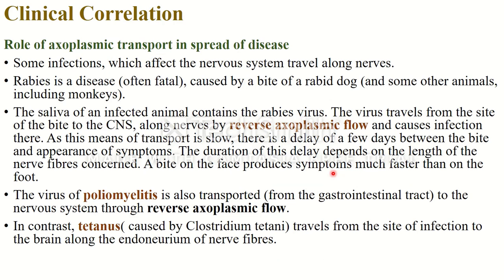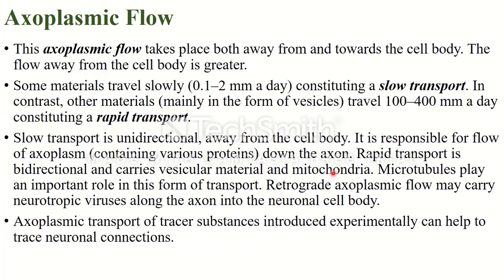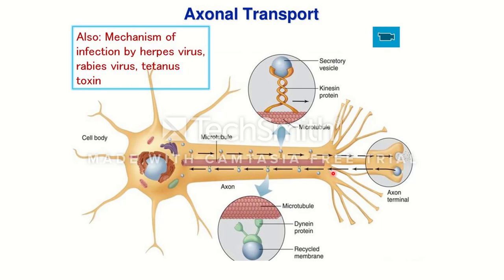In some pathogens, for example, the virus that causes rabies, and you know rabies, the disease that is caused by the bite of animals, for example, dog or monkey or other mammals, this reverse axoplasmic flow toward the cell body matters.